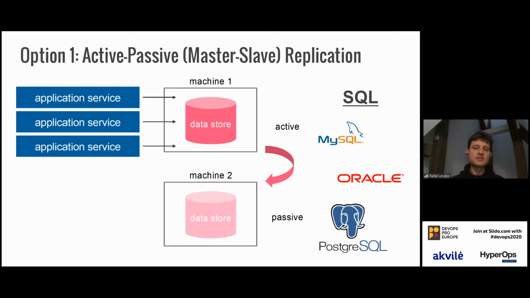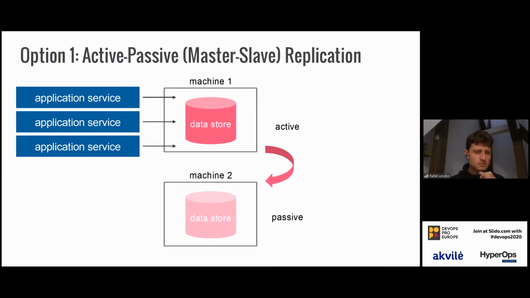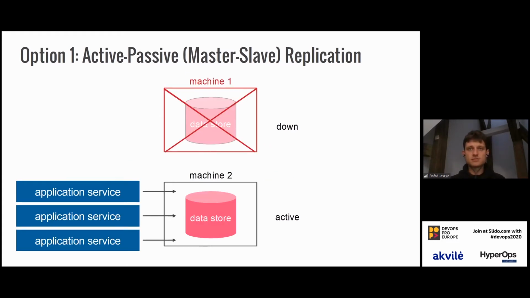Our services use only one machine, however all the data is copied to another machine. Then, in case of a failure, our services just fail over to the second machine.